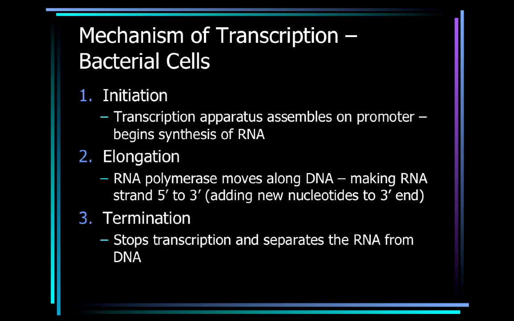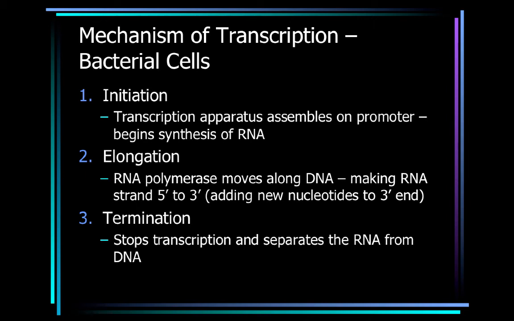All right, so let's talk about the initiation, or the mechanism, of transcription in bacterial cells. We're going to concentrate on bacterial cells, and then we'll point out some differences in eukaryotic cells at the end of the lecture. First of all, very similarly to DNA replication, transcription happens in 3 main steps: initiation, elongation, and termination.